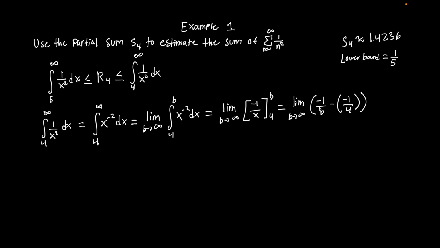So just distribute that and get, remember, distribute the negative, we get positive 1/4. So we'll move the 1/4 in the front again. You don't have to. Minus 1 over b. Now when you plug in infinity for b, that's 1/4 minus 1 over infinity, which is basically 0, so it is equal to 1/4.